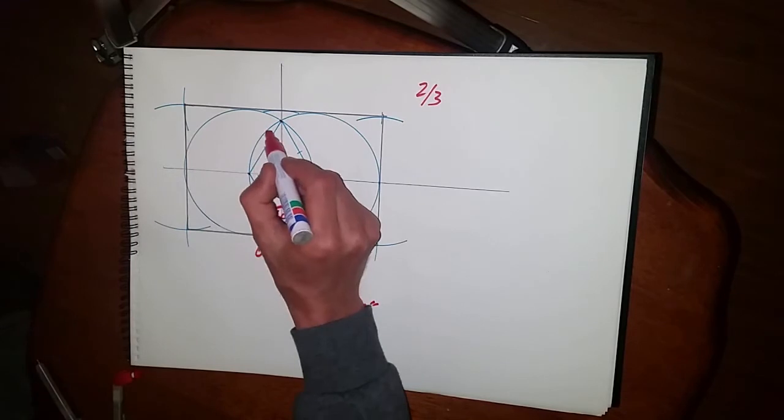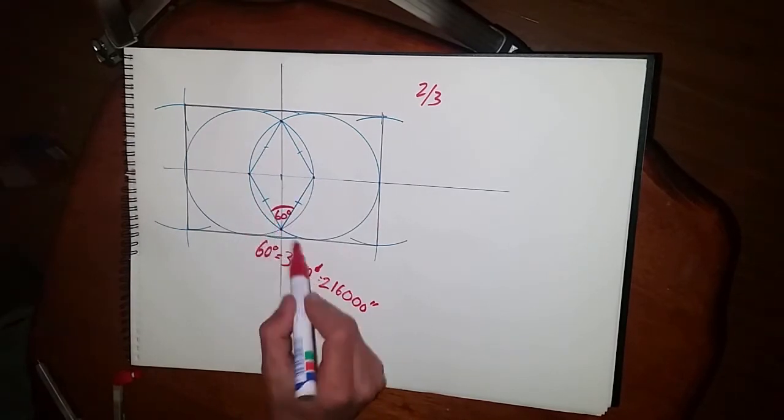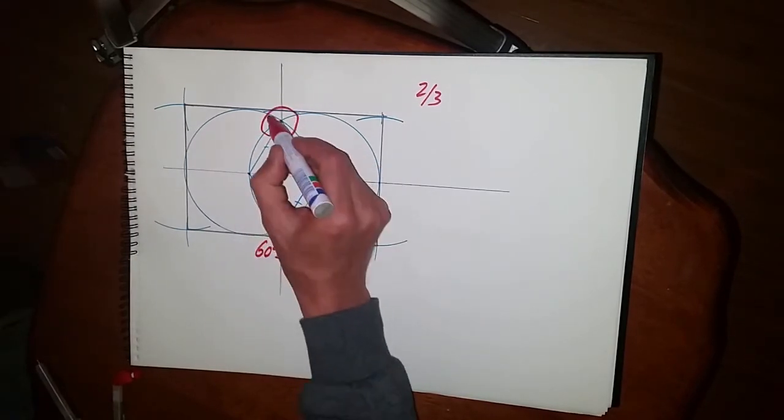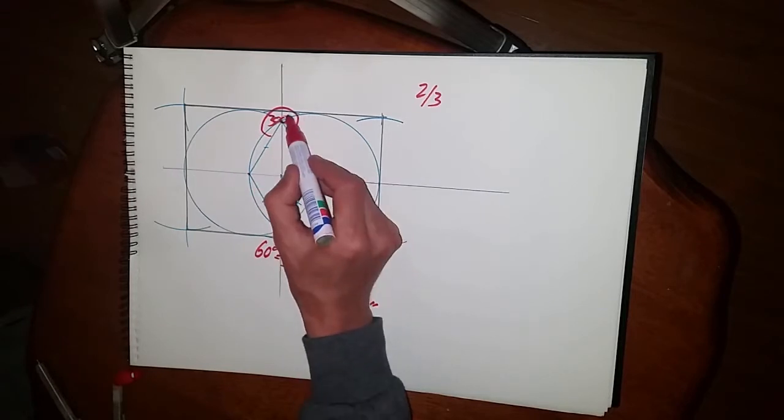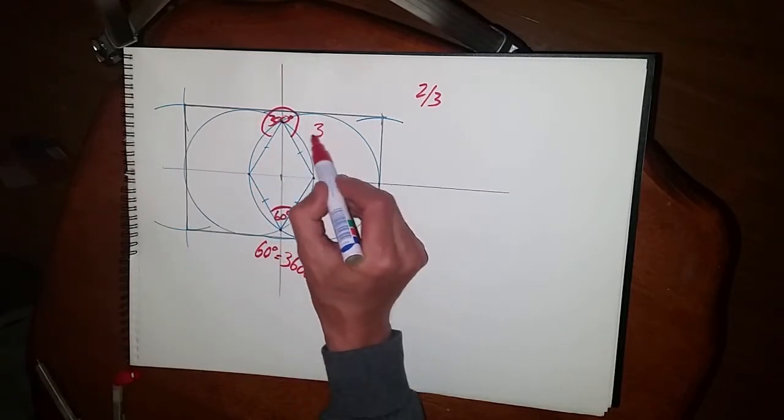And therefore, because if that's 60, we know the rest of it would be 300. So it'd be 300 degrees.